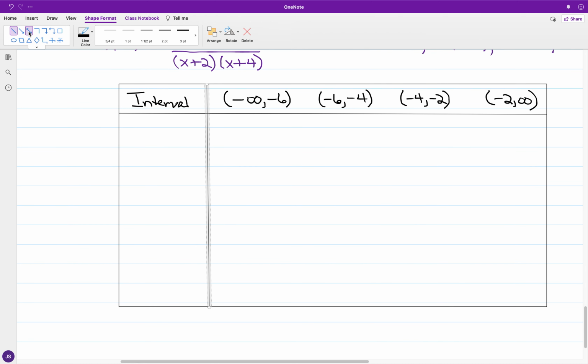Okay, so here we have a wide table because we have 3 distinct zeros and 4 distinct intervals established from them.